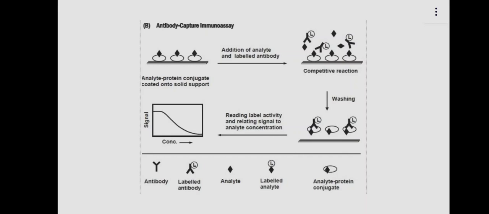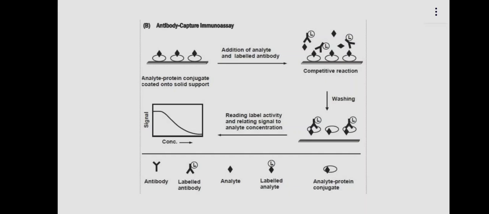But the important thing is that the labeled antibodies that bind to the bound antigens will be in the same proportion as the proportions of the fixed and the free sample or analytes.